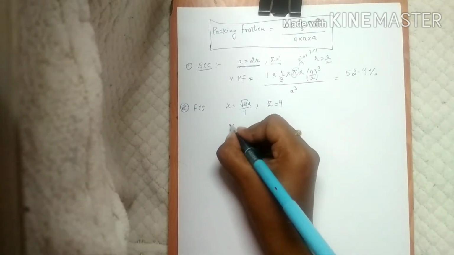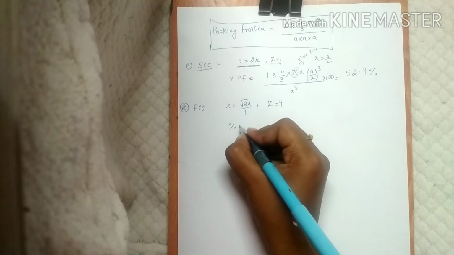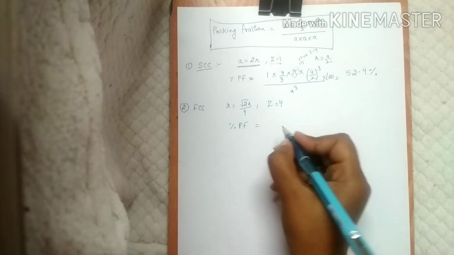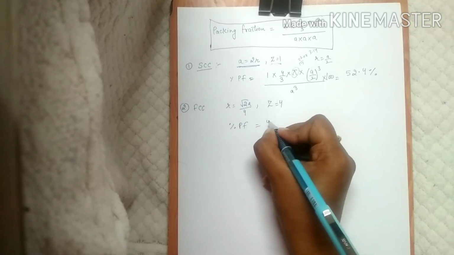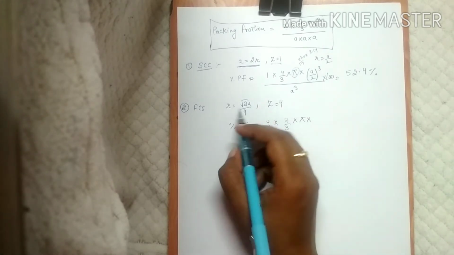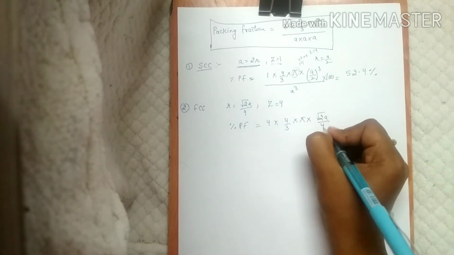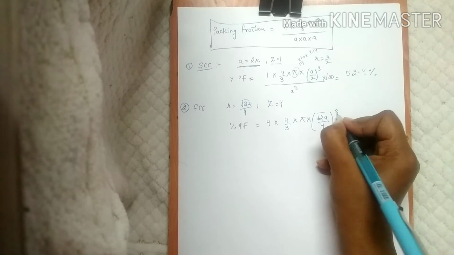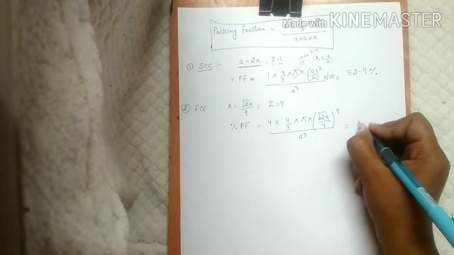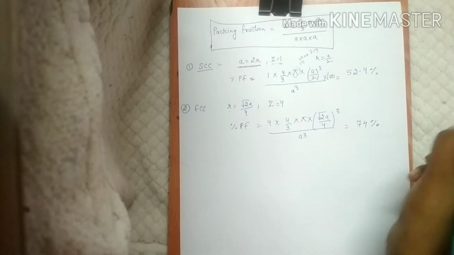So for calculating percentage packing fraction, we'll have Z is 4 into 4 by 3 into pi into, instead of r we are going to write root 2 a by 4 whole cube upon a cube. If you solve this, you will get 74%.